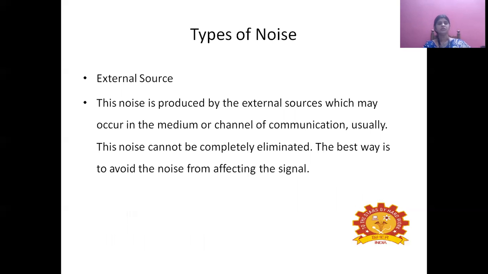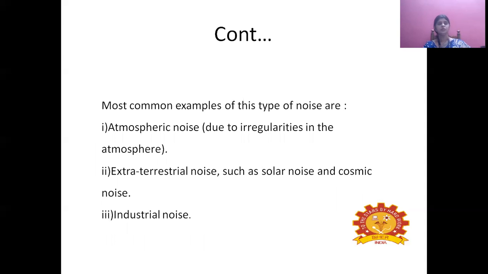External noise is produced by external sources which may occur in the medium or the channel of communication usually. This kind of noise cannot be completely eliminated. The best way is to avoid the noise from affecting the signal. The most common examples of external noise are atmospheric noise.